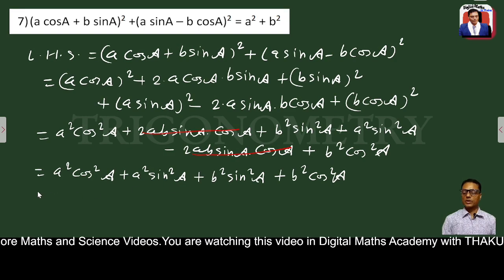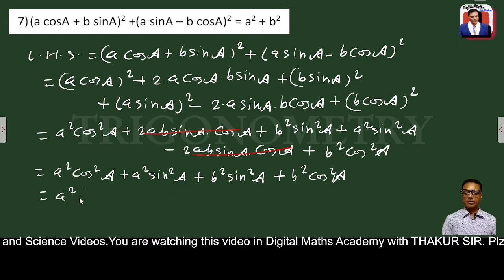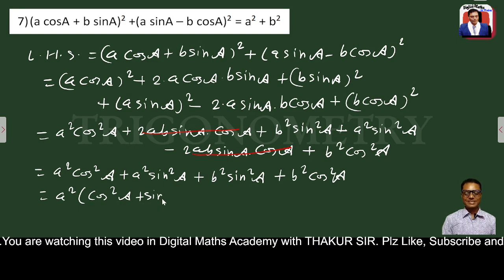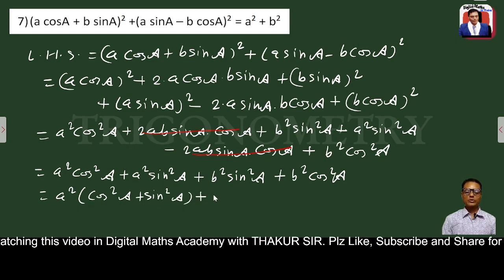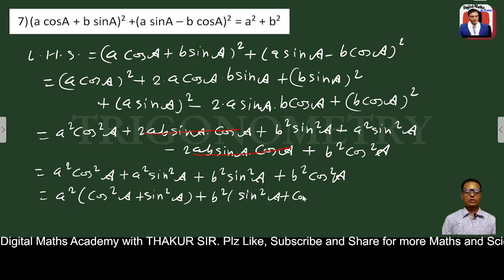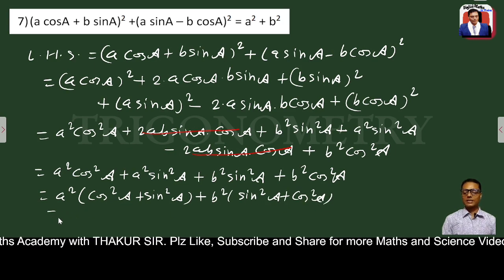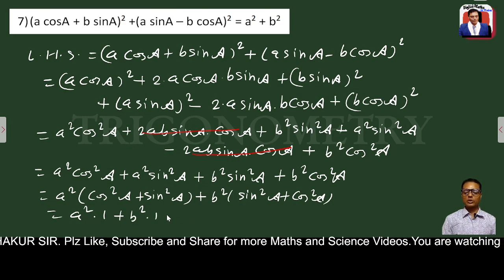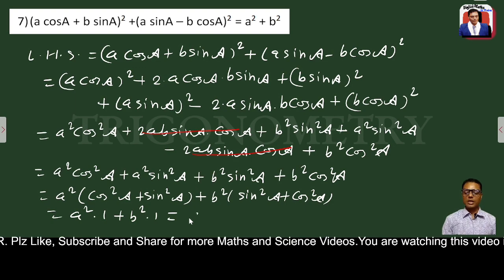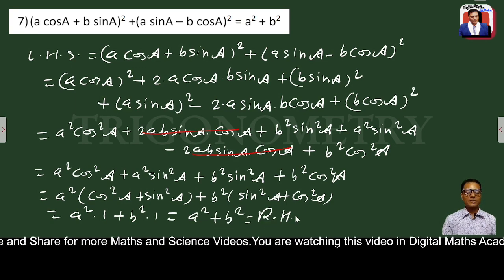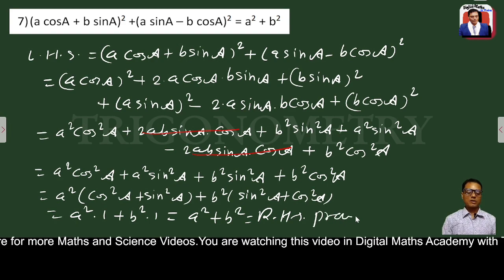Now we are going to take common: a square is common, so you can write cos square a plus sin square a, and b square is common, so we can write sin square a plus cos square a. After that, a square into 1 plus b square into 1, because sin square plus cos square equals 1, and finally we have a square plus b square, that's the right hand side, so at last proved.